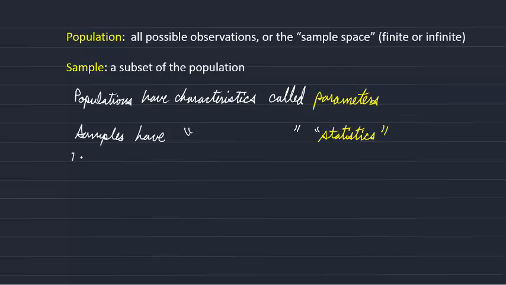So the first example is some measure of the central value or central location of the population. And an obvious measure of the central value is the mean.